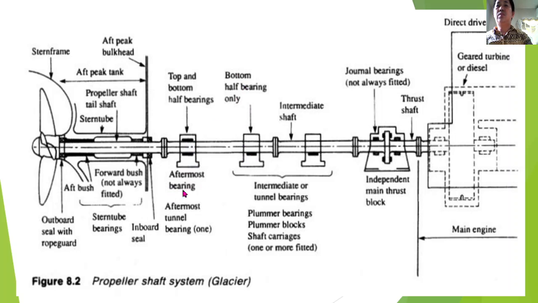So this is the aftermost bearing. So the intermediate shaft, this one. So journal bearings not always fitted. So independent main thrust block. So you have here the direct drive gear turbine or diesel engine. So it's your main engine to drive the propeller ship. So this is the stern frame and this is your aft bulkhead here. So the after peak.